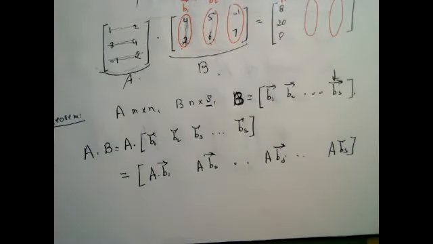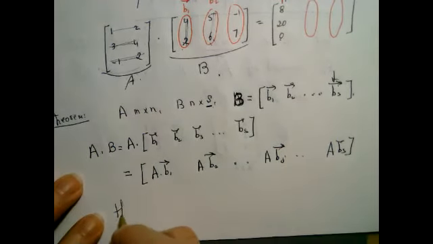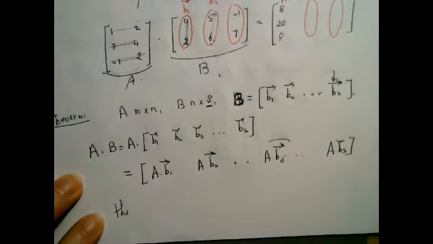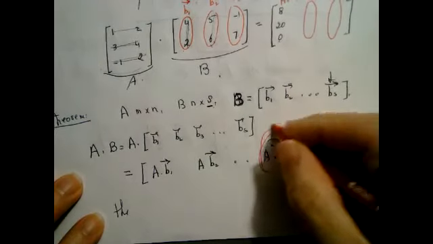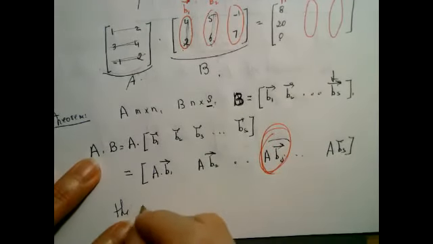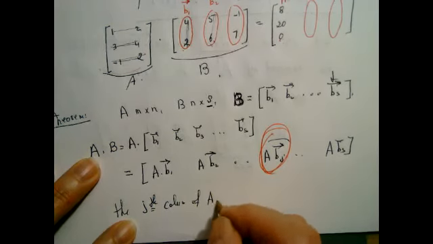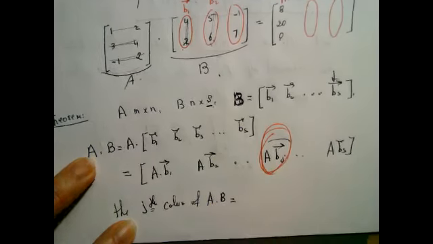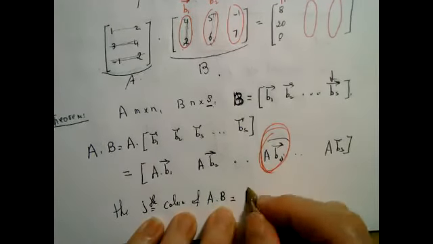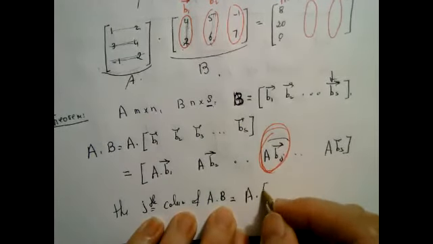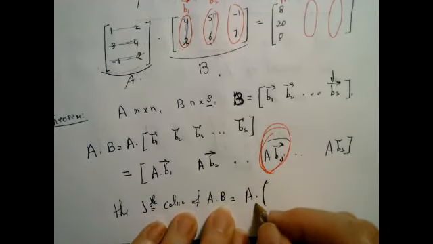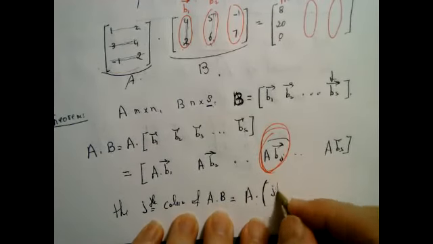So in other words, in written words, if I'm going to emphasize the jth column of the product, the jth column of AB is equal to A times, I multiply A by the jth column of B.